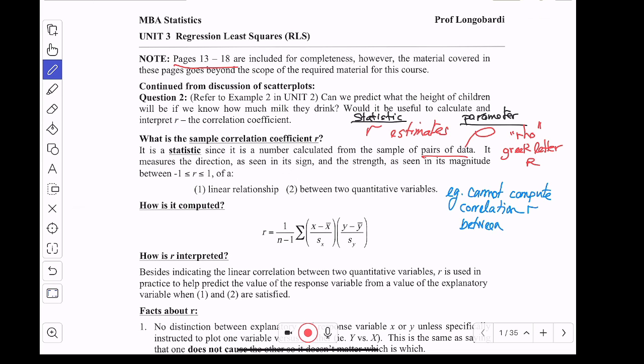You cannot compute correlation R between something like income, which is quantitative, and gender, which is categorical. You would do something else, some other sort of calculation, but not this R, to capture correlation.